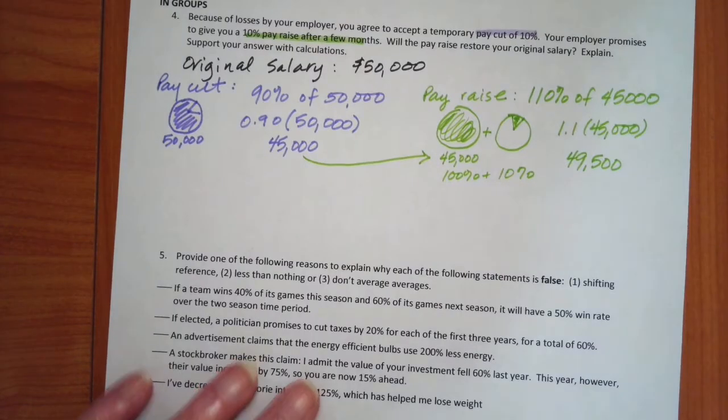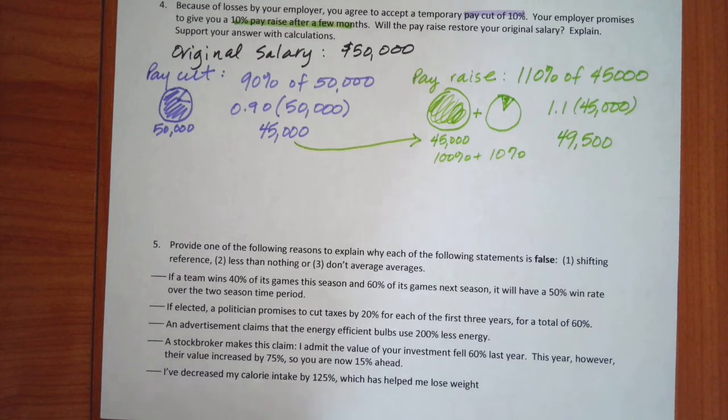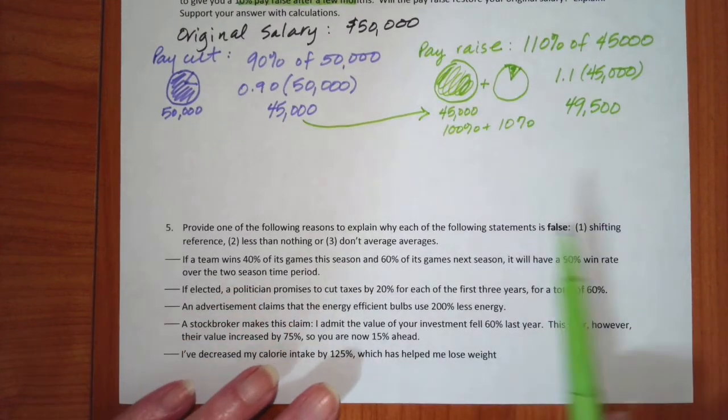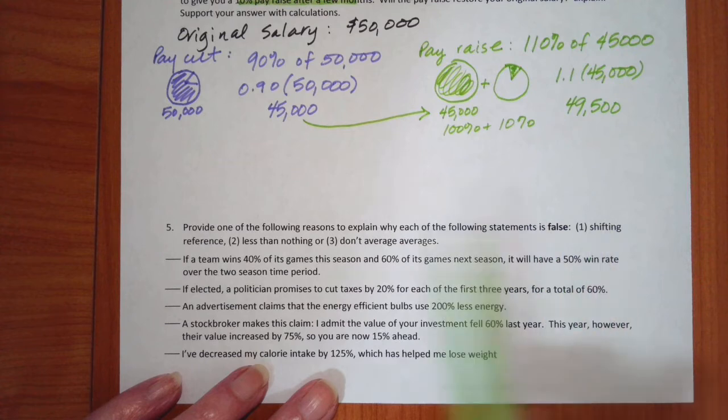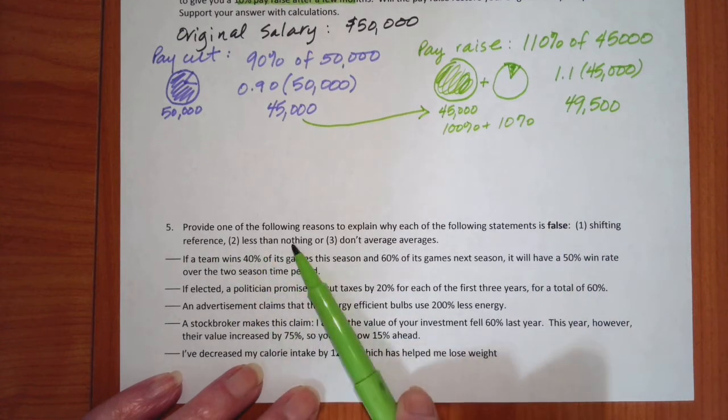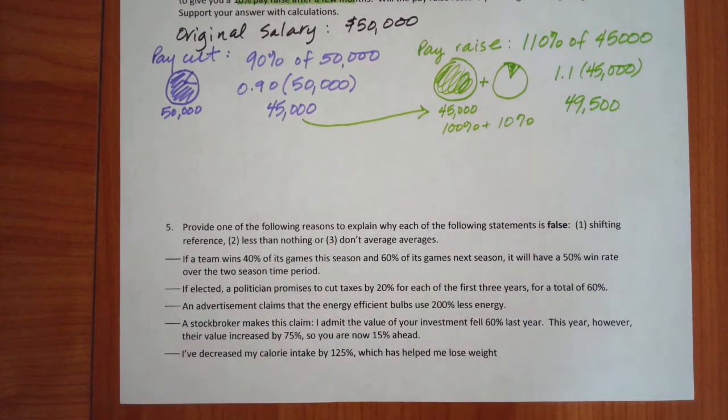Okay, and lastly, let's just see if we can identify some of these as what kind of problem there is. So, it's either a shifting reference value, less than nothing, or don't average averages. If a team wins 40% of its games this season and 60% of its games next season, it will have a 50% win rate overall.